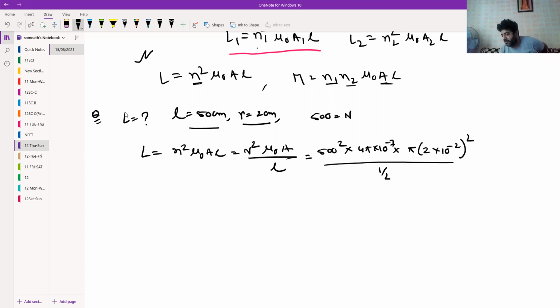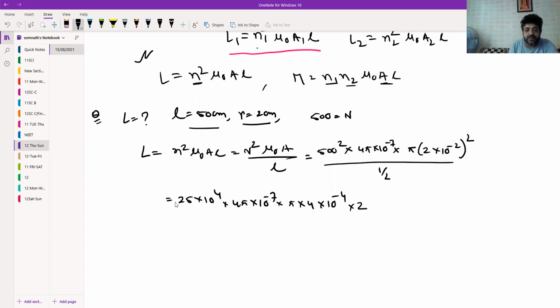So what you exactly have: 500 square, dekho, 25 into 10 to the power 4, 4 pi 10 to the power minus 7, pi into 4 into 10 to the power minus 4, and you multiply it by 2.